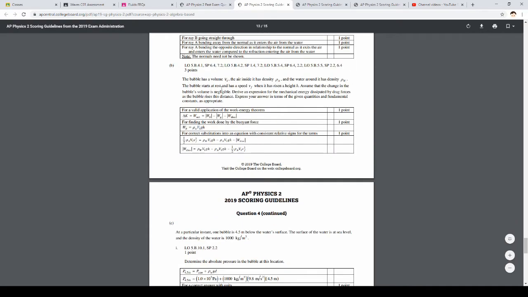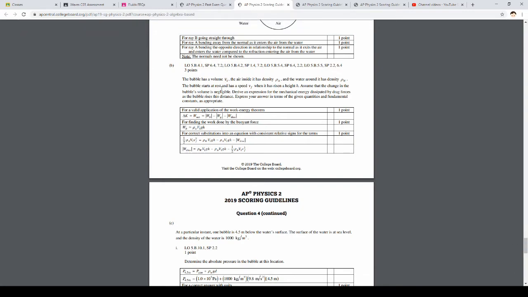Part B, we typically have not really talked about work dissipated by drag force. This is a non-conserved work. Change in kinetic energy is equal to the net work done on the system. This is the work kinetic energy theorem from AP Physics 1. The force doing the work is the buoyant force.